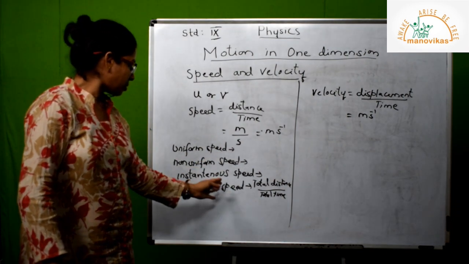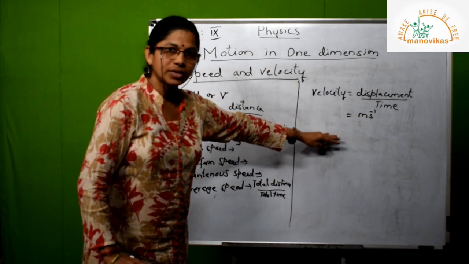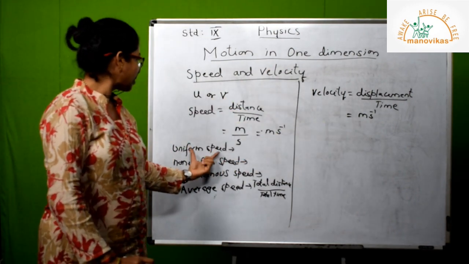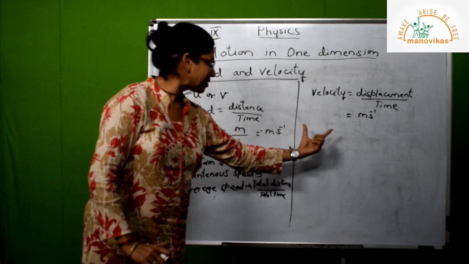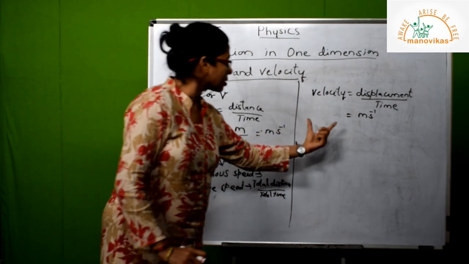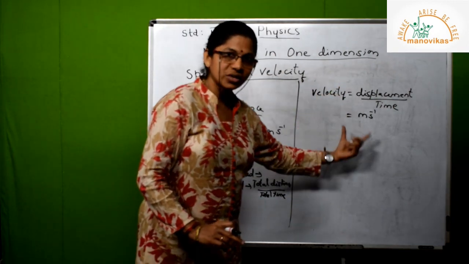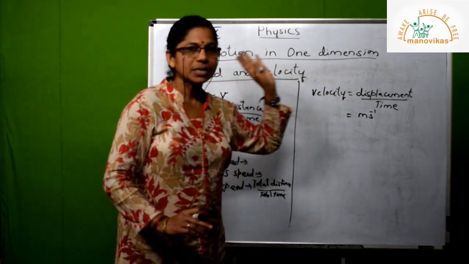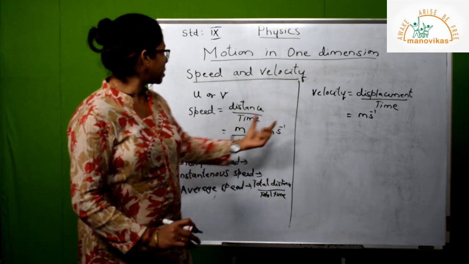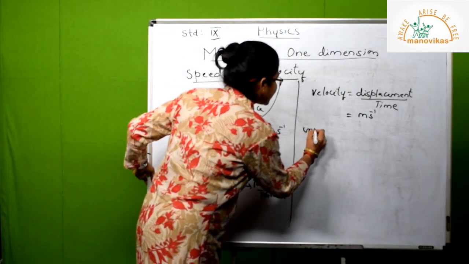Now, the same with velocity. You have uniform velocity when you have equal displacements in equal intervals of time in a particular direction.